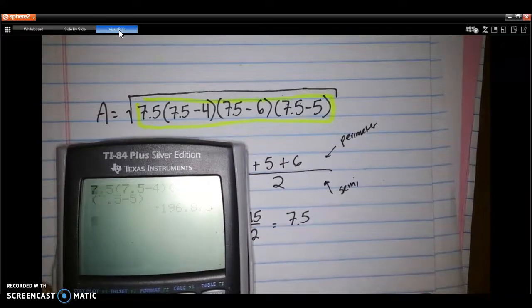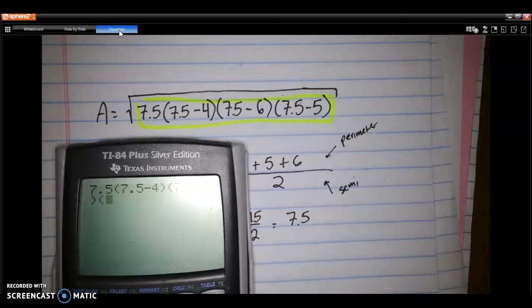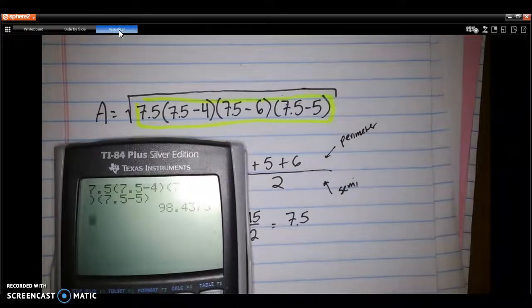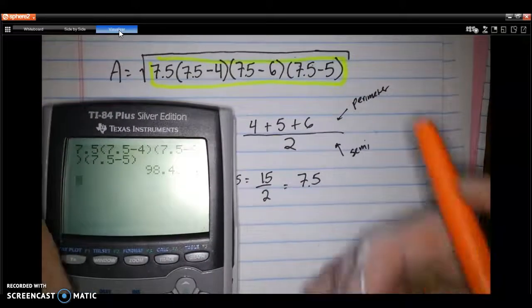Let me try that again. 7.5 times 7.5 minus 4 times 7.5 minus 6. Oh, I probably forgot to close the bracket there. 7.5 minus 5. There we go.